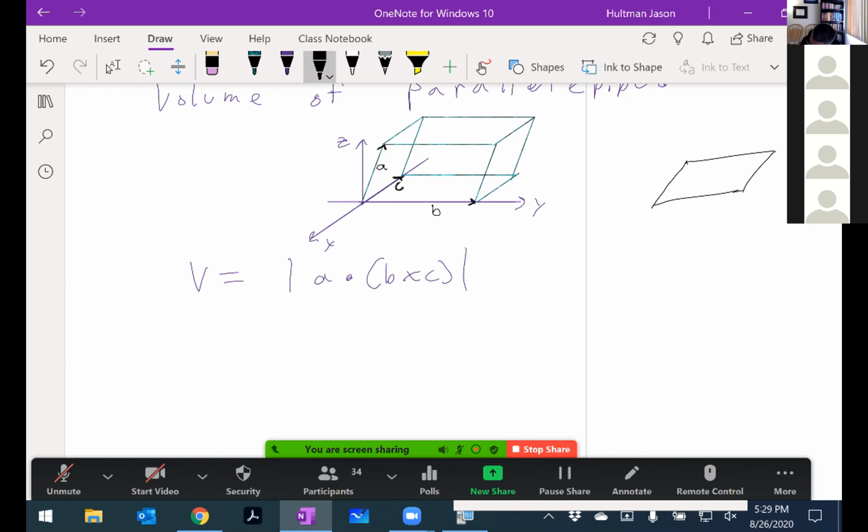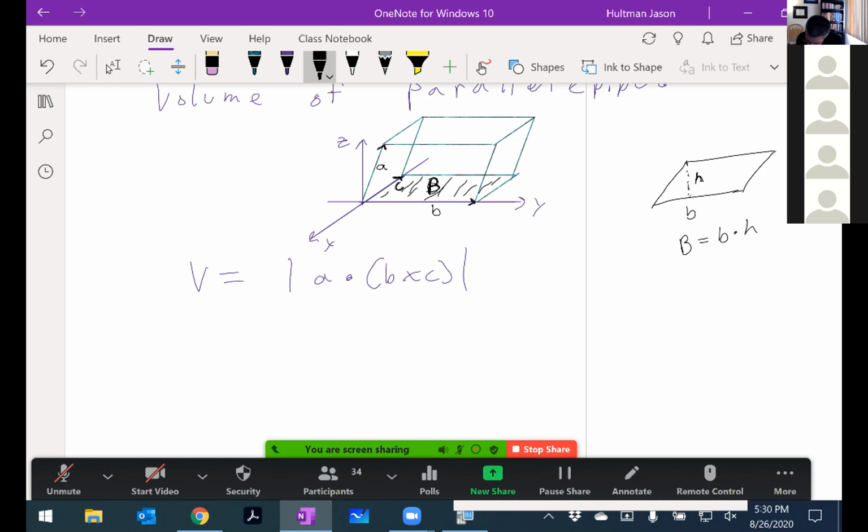Isn't this base times height? Right? Isn't that base times height? Okay, the area of a parallelogram. So I could say that the base area is equal to B times H. Does that make sense? The base area here is capital B. That's this area here. That's B. Does that make sense?